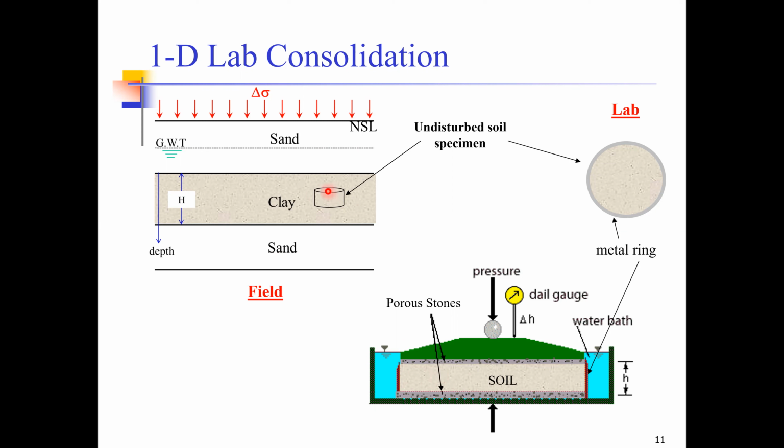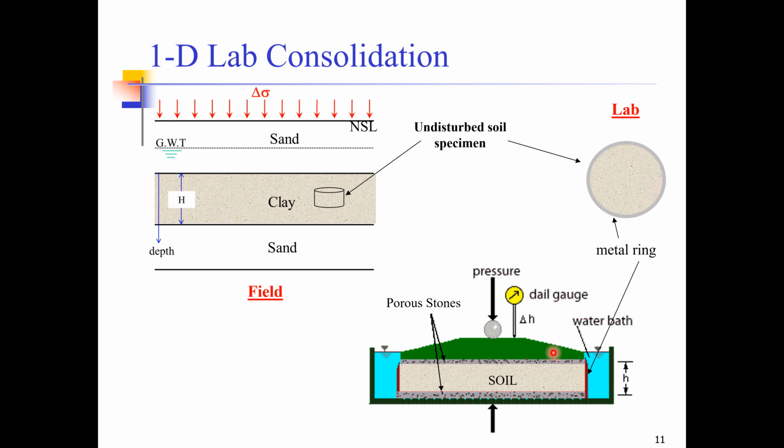This clay layer had a pervious layer at the top and a pervious layer at the bottom. By placing a porous stone at the top and a porous stone at the bottom, we have reproduced the same condition, that on top of the clay layer and at the bottom of the clay layer, there is a pervious layer. Then we applied load on the top. And this is what we have done.